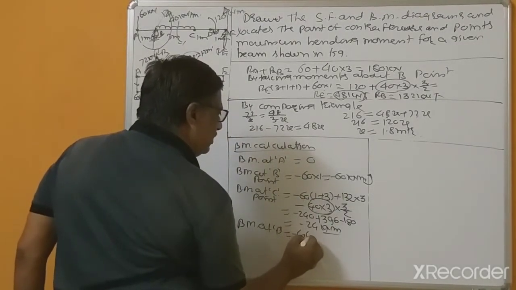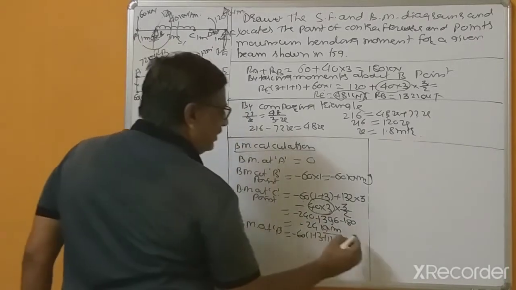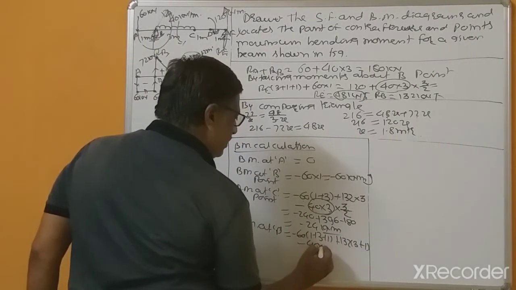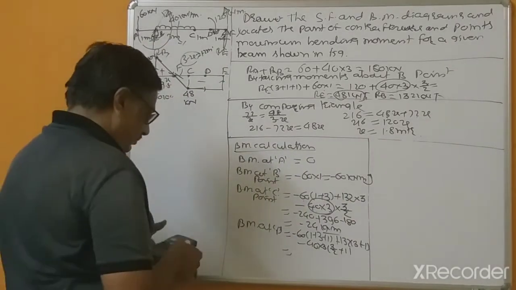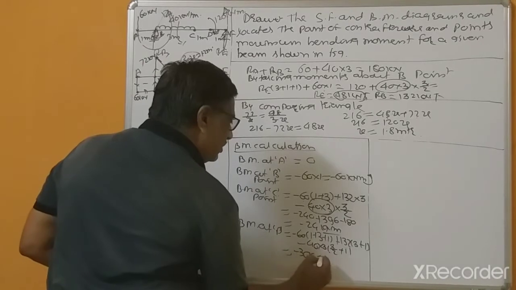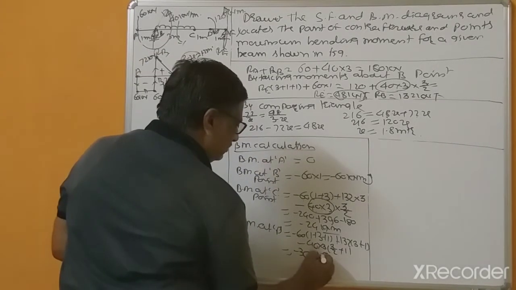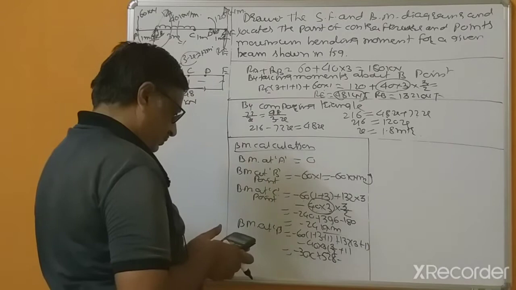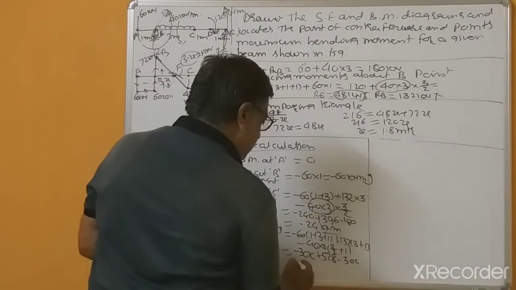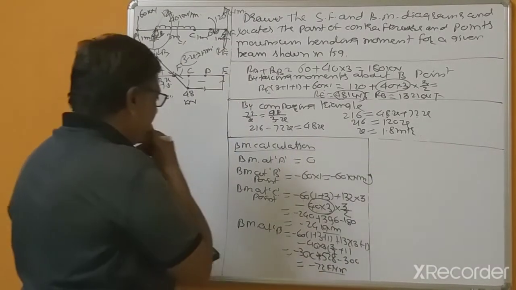So minus 60 into 1 plus 3 plus 1, plus 132 into 3 plus 1, minus 40 into 3, distance 3 by 2 plus 1, minus 300 plus 132, 300, and this is equal to, this is plus, means minus 72 kilonewton meter at D point.